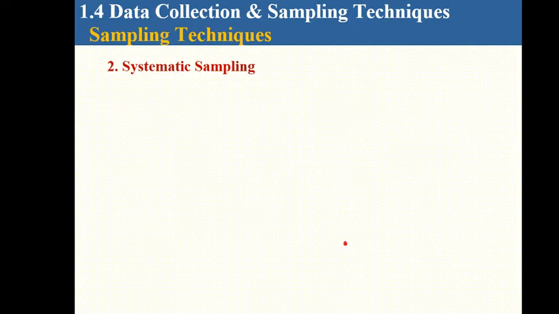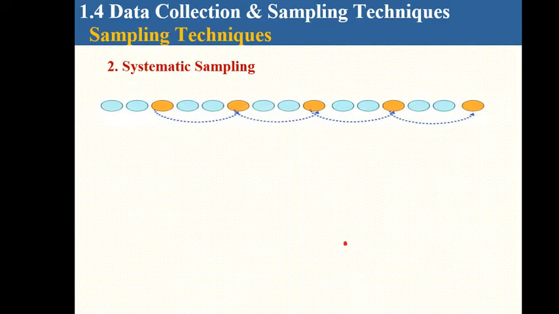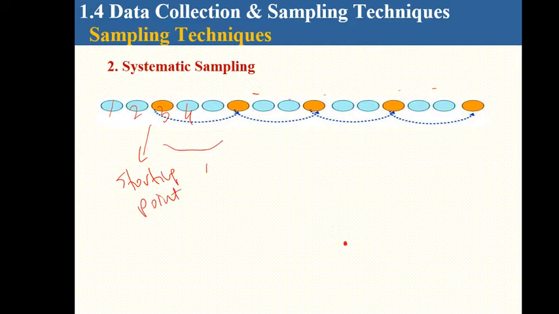In systematic random sampling, assume we have a population, and the population is numbered like 1, 2, 3, 4, and it keeps going. Now you choose a starting point among the numbers, a starting number, and then you choose every k-th number. Here we have another k-th number, and then k more, k more.